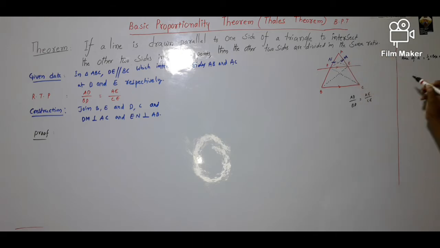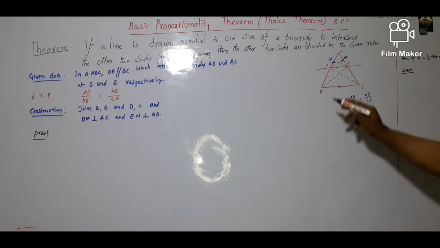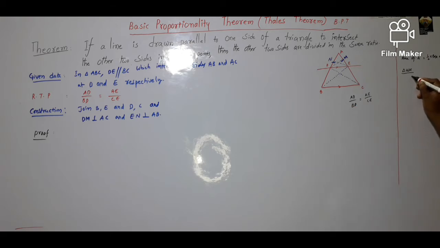ADE is a triangle. In triangle ADE, the perpendicular lines are two.